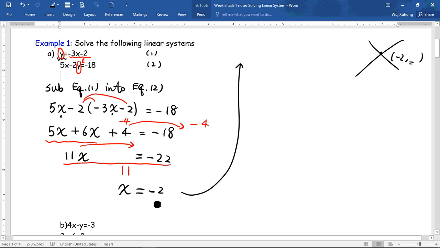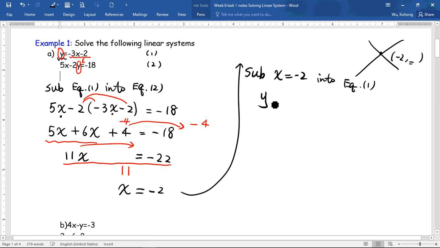In order to find the y value, we substitute the x value into either equation 1 or equation 2. It doesn't matter which one, you will have the same answer, so pick the easier equation to substitute into. It looks like equation 1 is easier because y is isolated by itself.